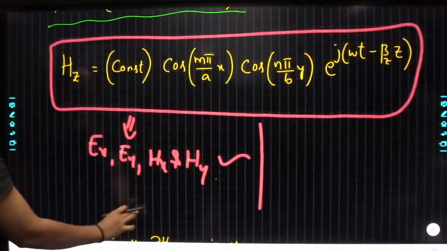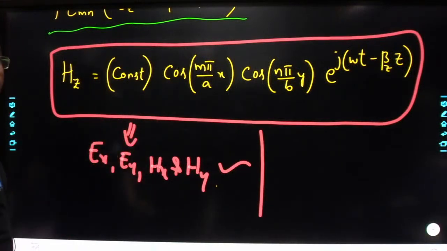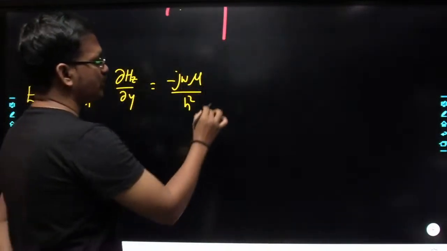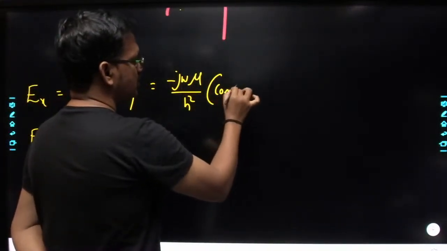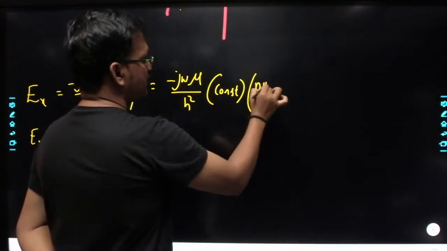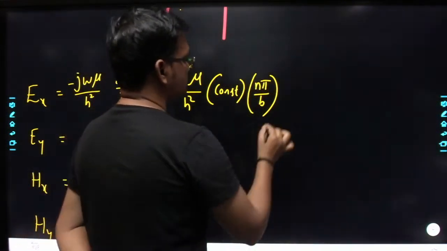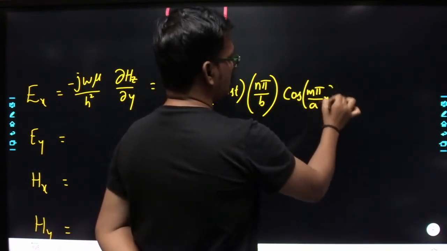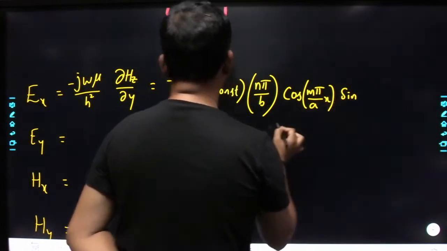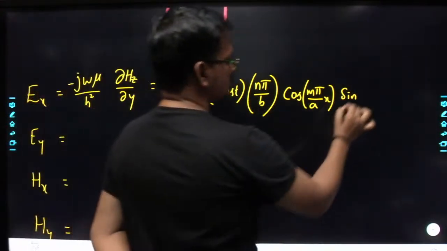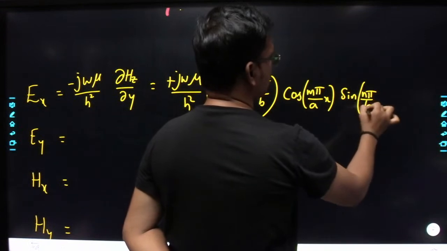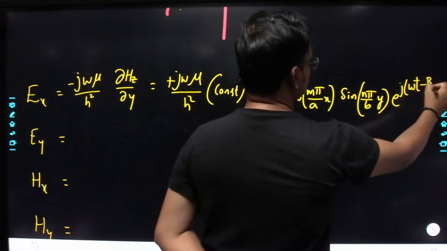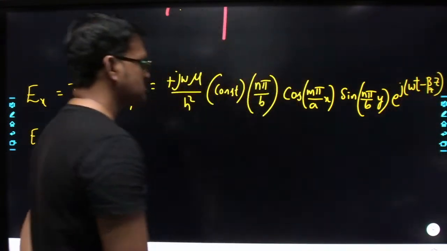Differentiate this function with respect to y. You are going to get some constant multiplied by n pi by b into cos of m pi by a into x into sine, so you get a minus sign, and minus of minus becomes plus. So sine of n pi by b into y into e power j of omega t minus beta z into z. I am just doing the differentiation.